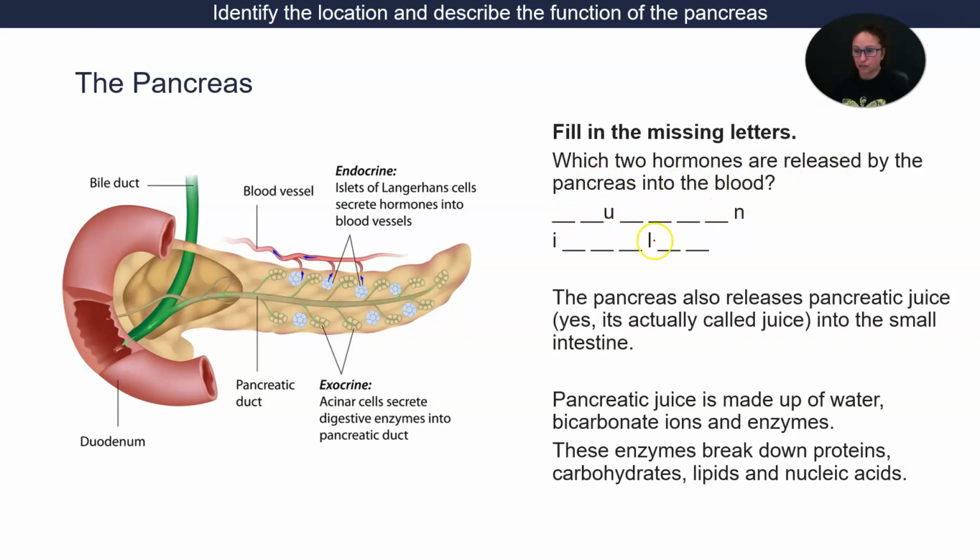They've given you some clues, so make sure you fill that in. It's a little hangman kind of scenario. Hint, hint, one is called glucagon. I'm sure you'll be able to work out the other one.